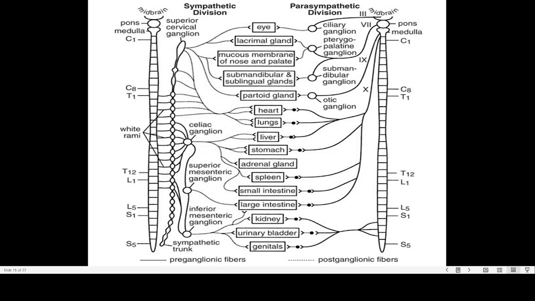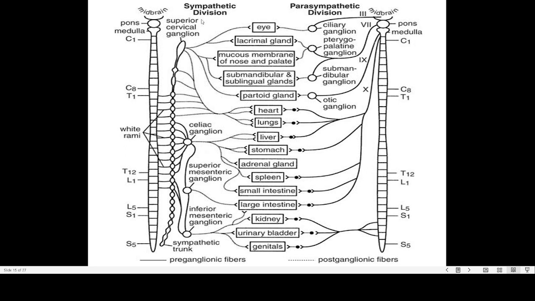See here the sympathetic division: the lateral horn of the gray columns of T1 to L1 or sometimes L2 is the location of the cell bodies.